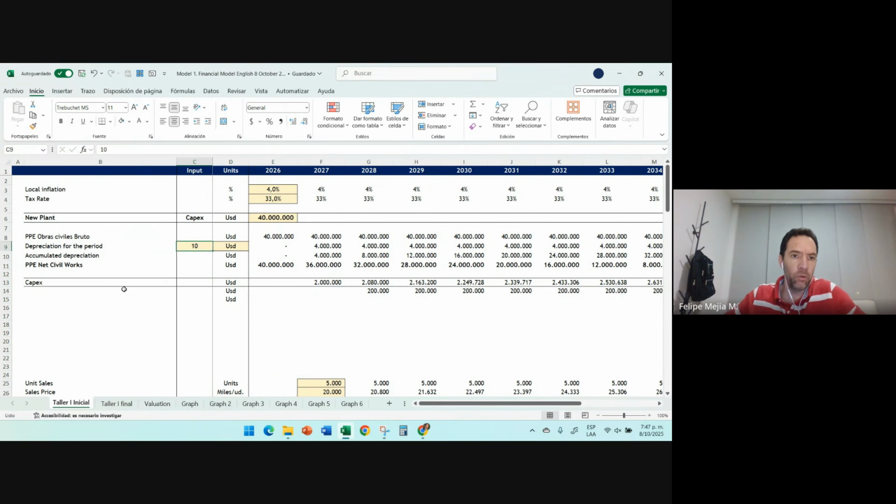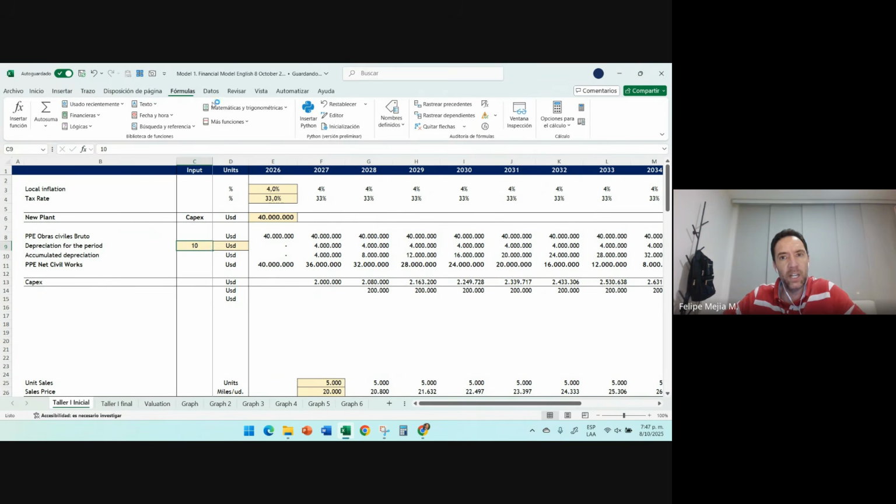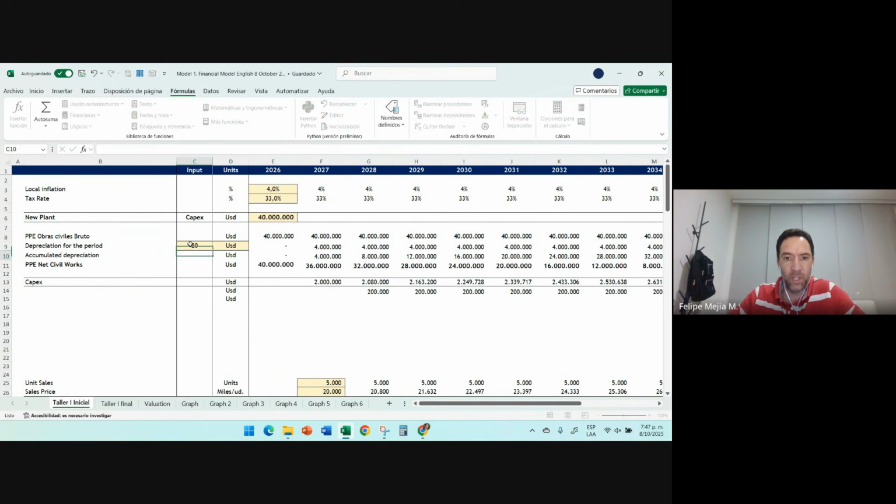Some people choose to have these inputs in a different Excel sheet. They open a new sheet and use the input there. I don't like to do that, because I like to have the inputs at hand and see in real time, if I change an input, what happens with the model, the valuation result, or the IRR.